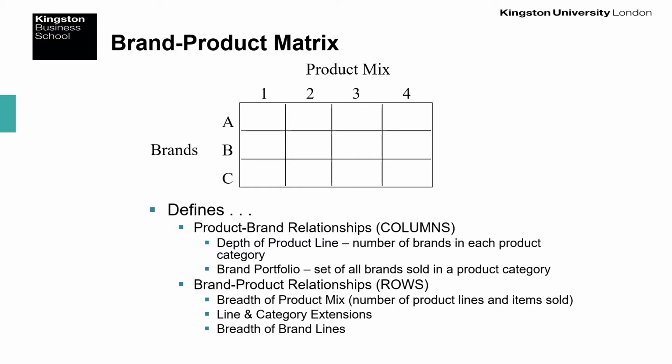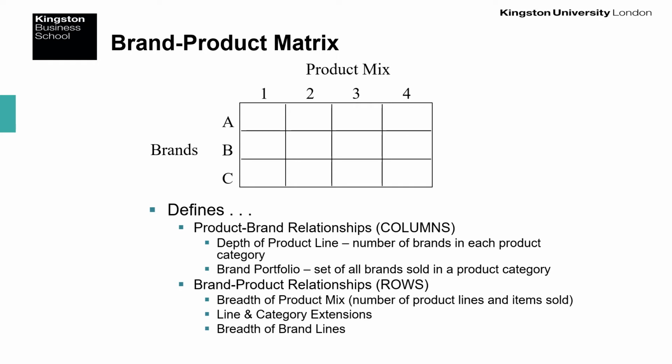So looking down the columns of our brand product mix matrix tells us about the depth of the organisation's product line, the number of different brands that it has in each product category, how large its business is essentially in each product category.